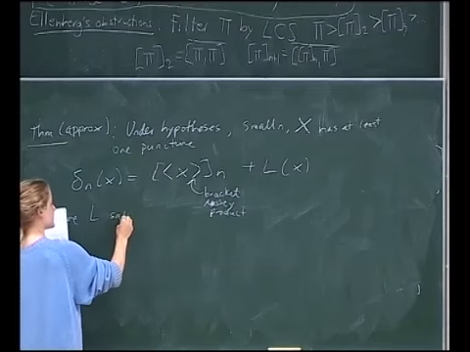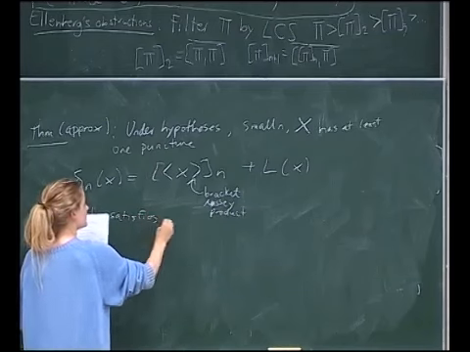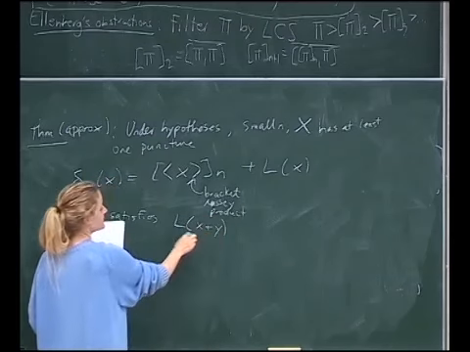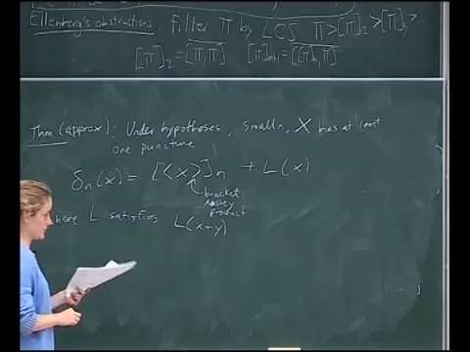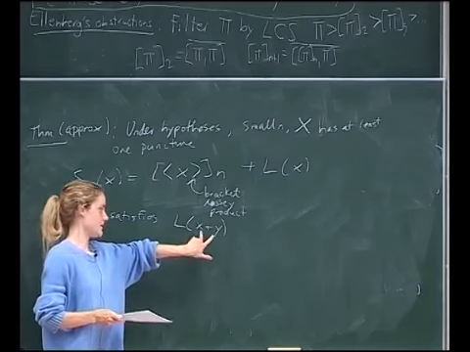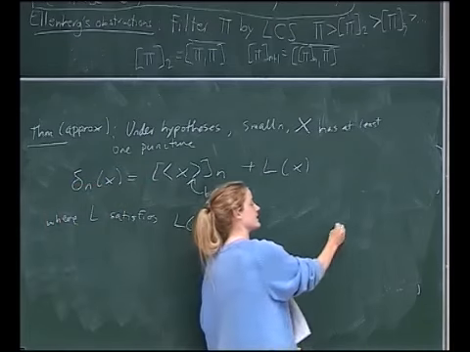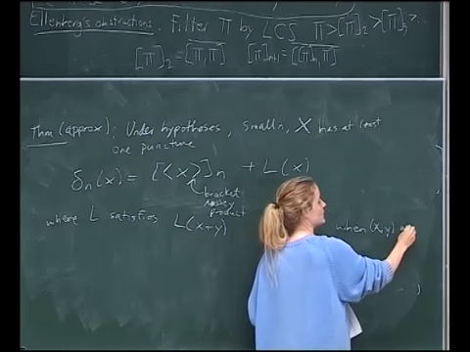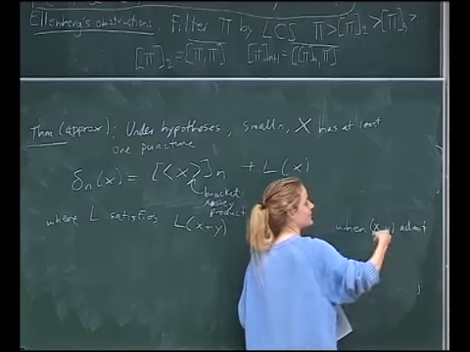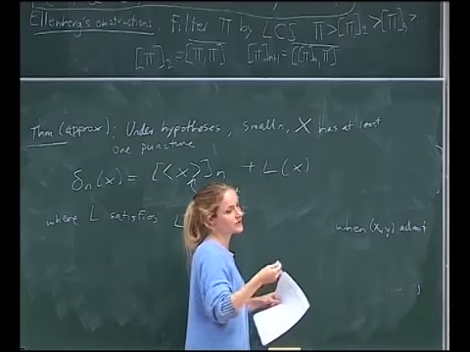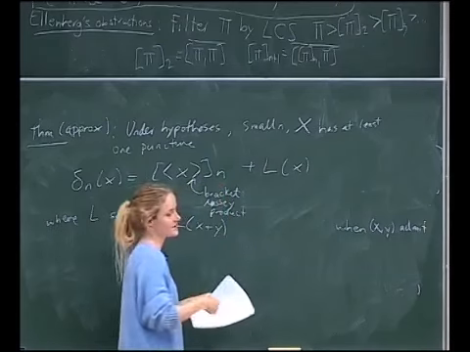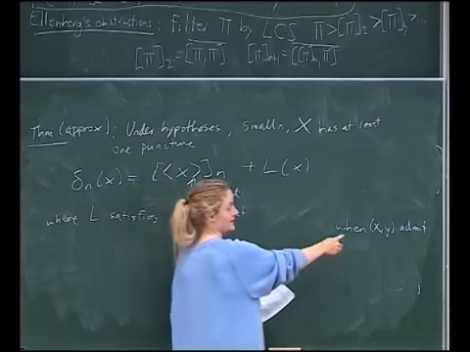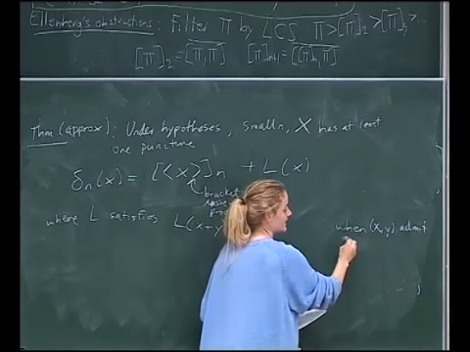Plus a term that's subject to a weak form of linearity, where L satisfies L of x plus y, but since these are going to be non-abelian groups, this only happens when x, y can be put together so that the corresponding cocycle is another cocycle.